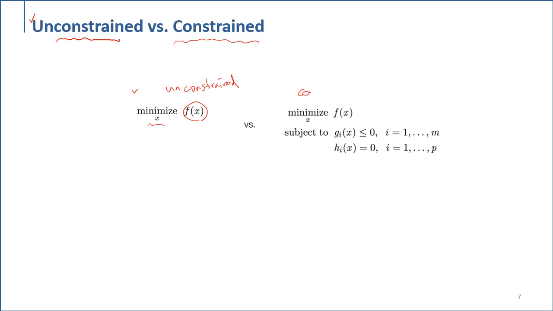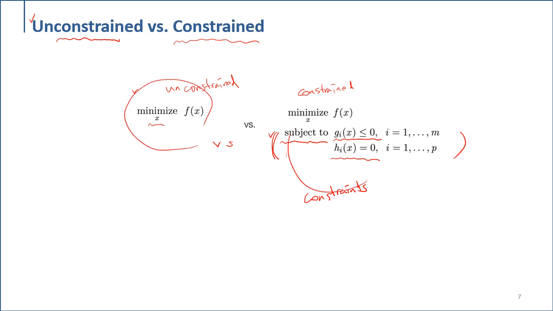And for the constrained condition, there is an additional line, for example, subject to g_i(x) smaller than or equal to 0 and h_i(x) equal to 0. By adding this additional sentence of subject to, we can make constraints. Both can be used depending on the problem.